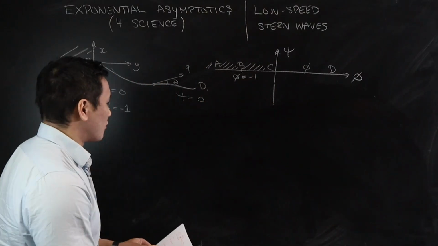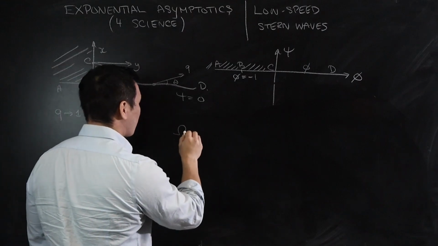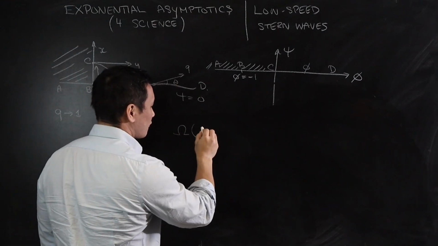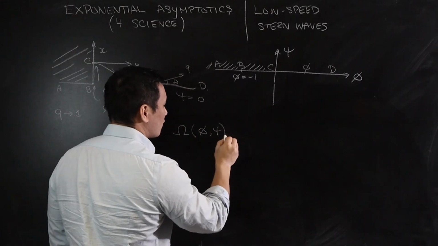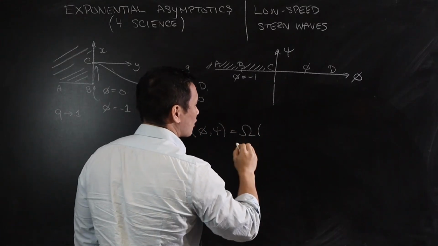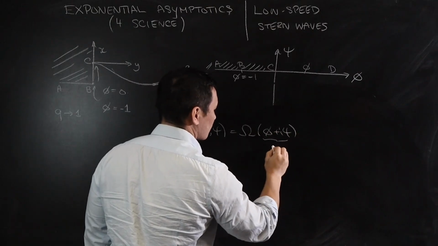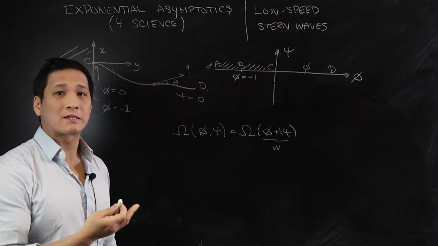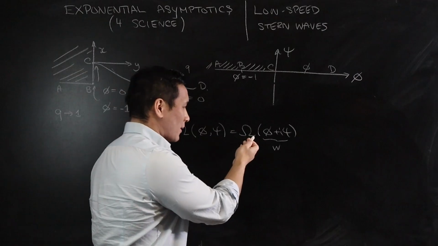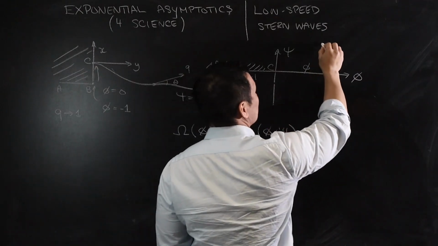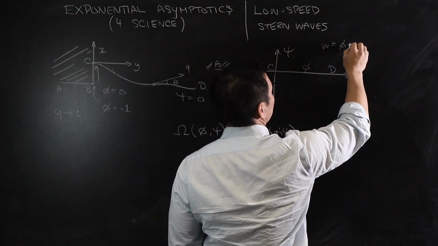Okay? So in this case, we look at the variable omega. Omega is a function of phi and psi, or you think of omega as a function of the complex variable w, which is phi plus i psi.